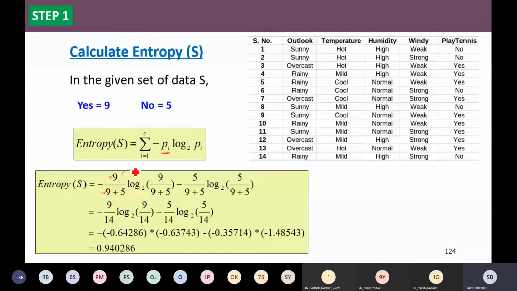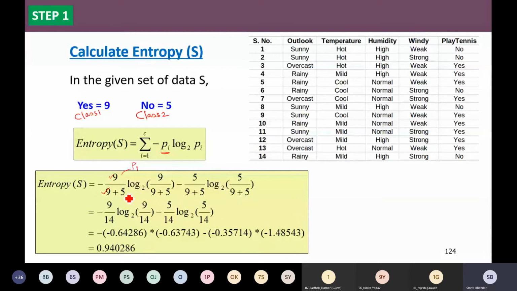This is my P1. Class 1 is the yes class, and this is my class 2. So for class 1, this pi or P1 would be 9 divided by 9 plus 5, so 9 divided by 14.